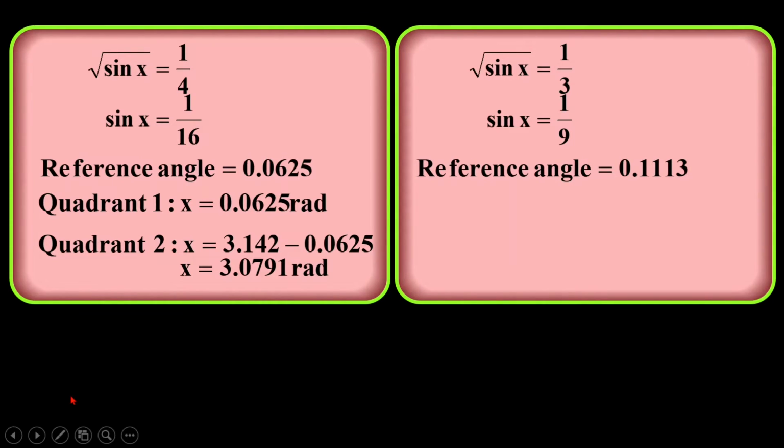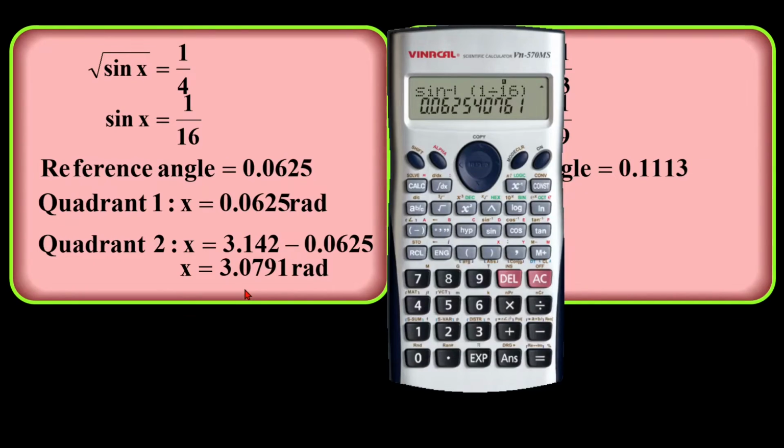Then I will get the reference angle as 0.113. When you answer a question, always read the question to see whether they want it in degree form or in radian form. If they want degree form, you change the mode of the calculator. Let me clear that. If you want degree, you go to the mode of the calculator and enter degree.